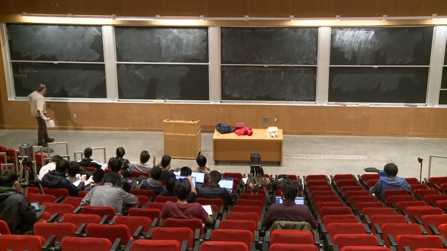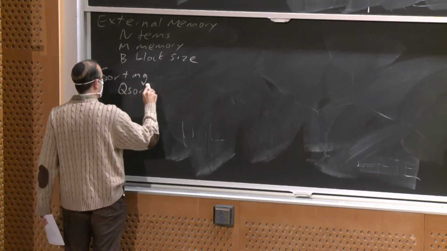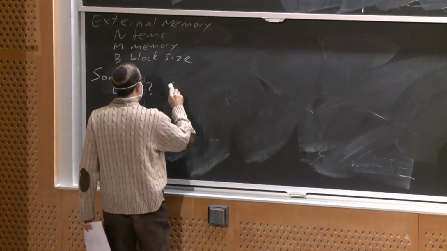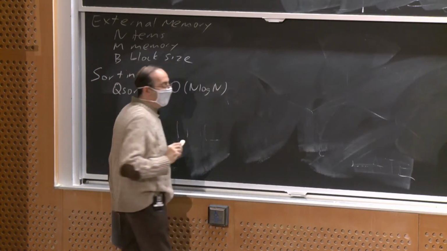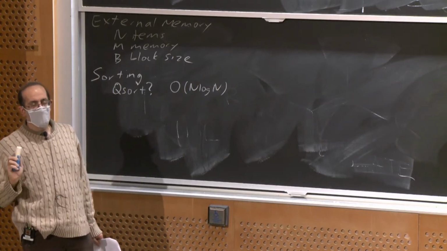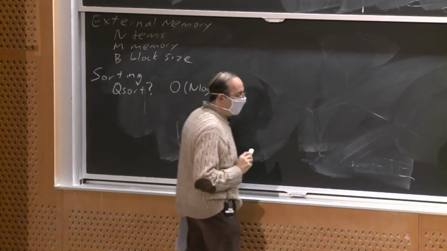It's going to be n log n, right? We already know how to analyze quicksort, right? But of course, now our time refers to the number of blocks that we read, right? So is it really going to be n log n?